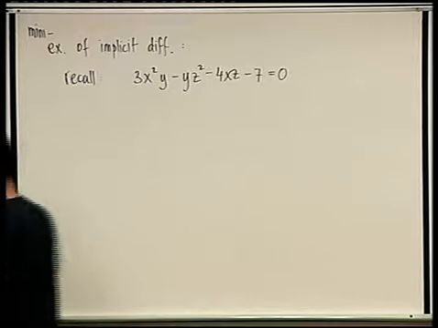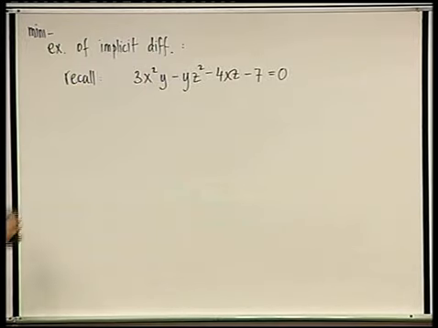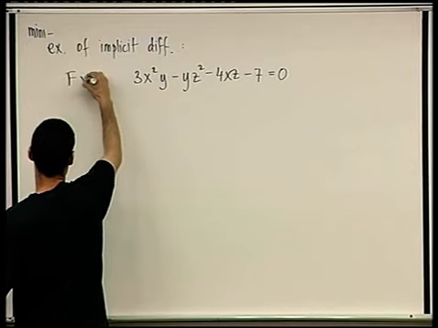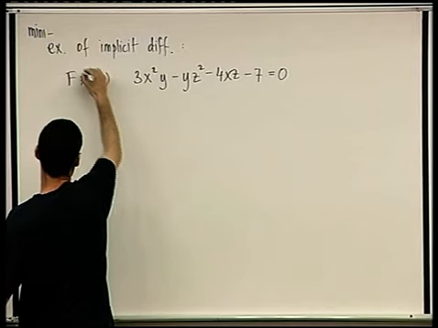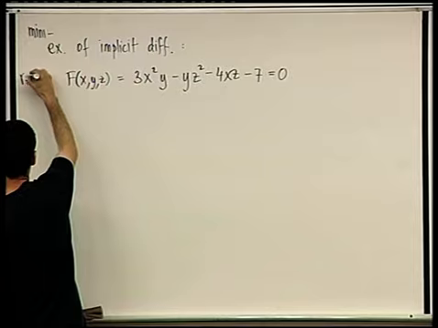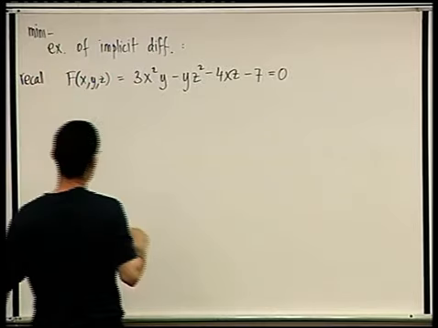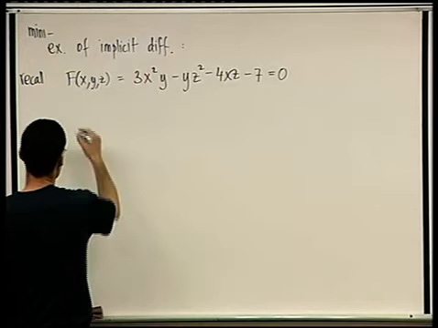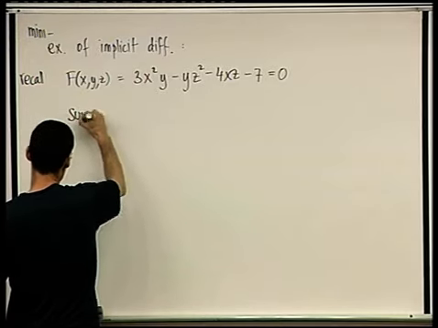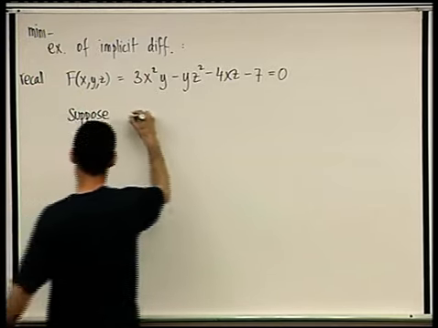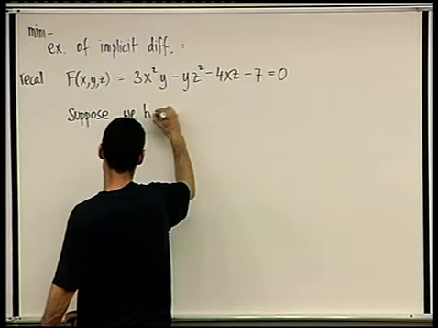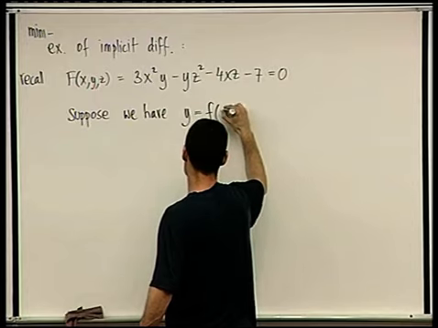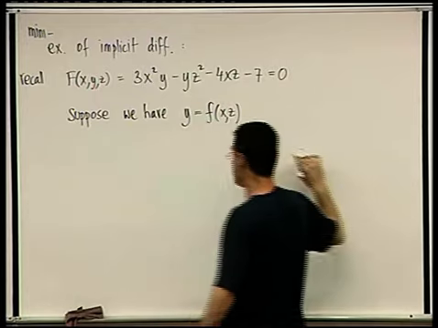Let's write f of x, y, z was this thing. Recall. And what do I mean by implicit differentiation? So suppose we have y equals a function of x and z.